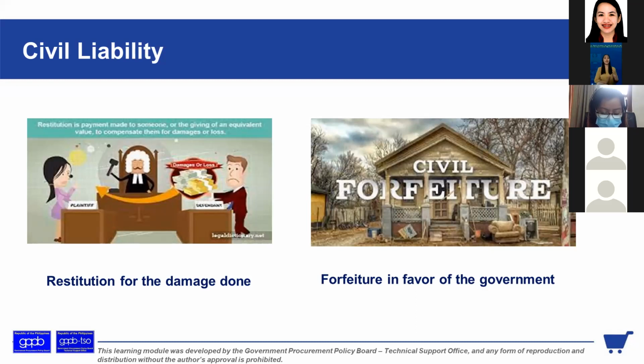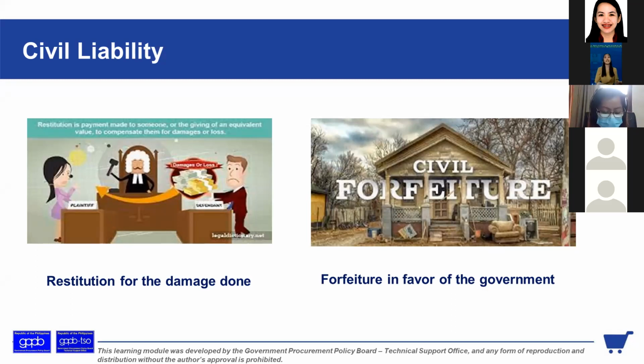Ito lang sabihin ko. Forfeiture in favor of the government is yung nakuha mo. Kunyari may bribe ka na natanggap na 2 million at tapos nalugi ang government ng kunyari 1 million dahil sa discrepancy sa price, sobrang pinalobo yung ABC.